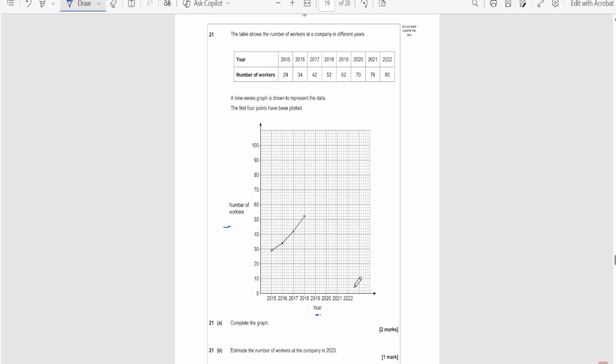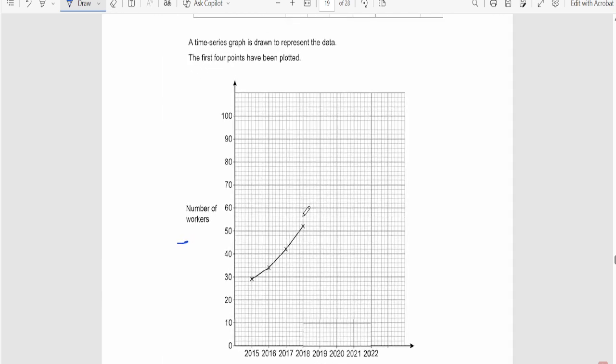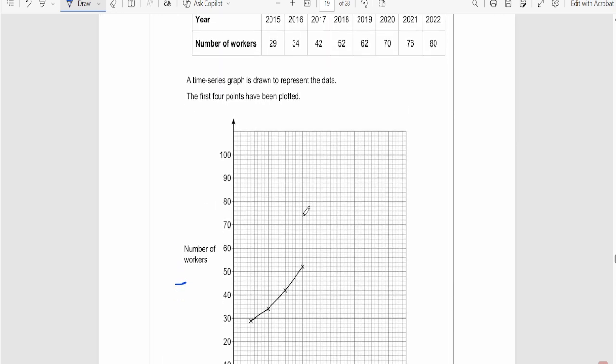It says complete the graph. Okay, so a part of the graph is done but not completed. Let's see. So for 2015, how many workers are there?